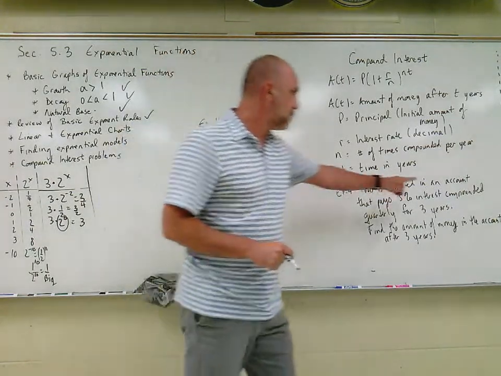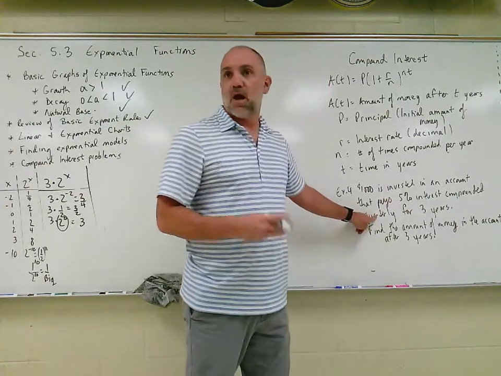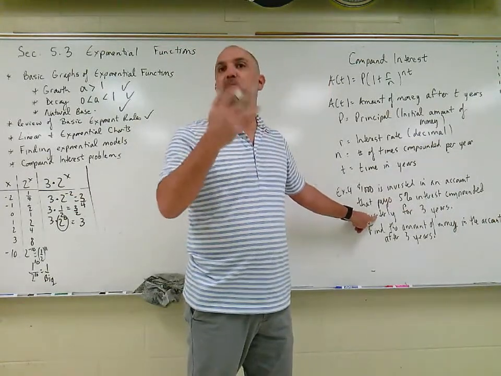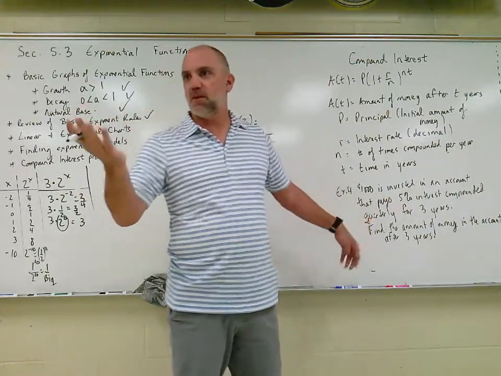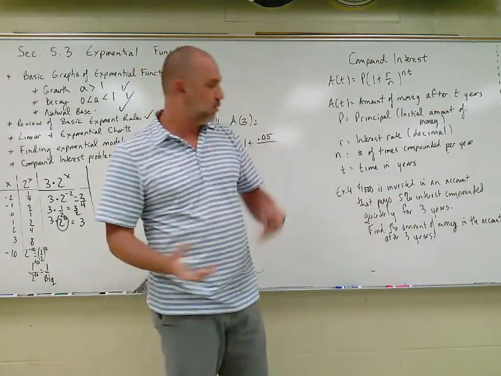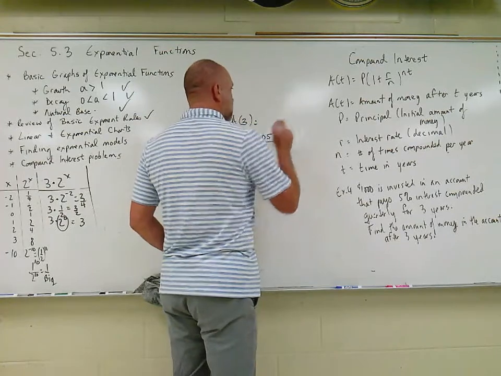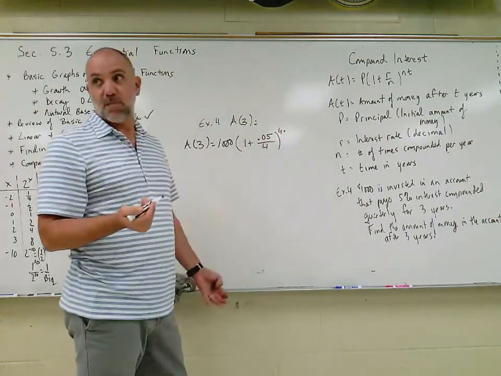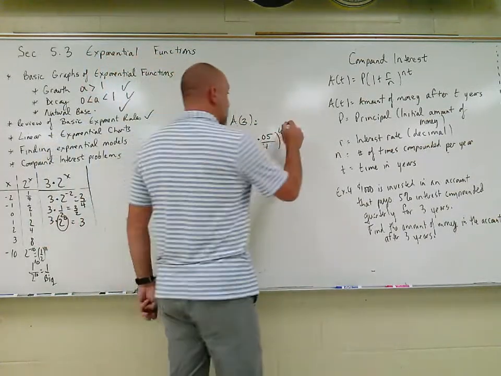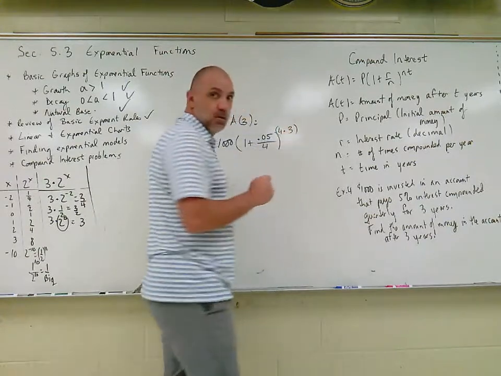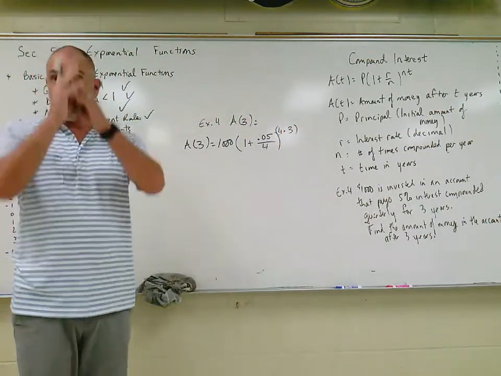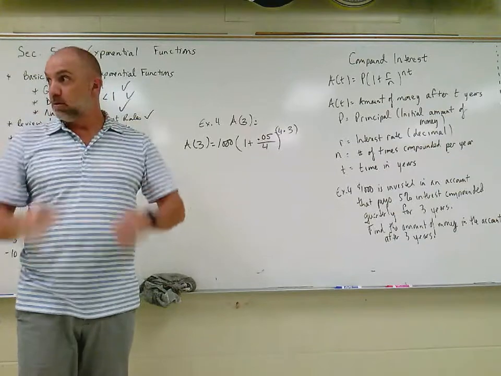And then N is the number of times compounded. So when it says compounded quarterly, I know a quarter is every 3 months, but how many times are there every 3 months in a year? That's 4. So it's over 4 raised to the 4 times, and then how many years? So your entire exponent should turn into a what? 12. So make sure that when you raise this, it's to the 12. Okay?